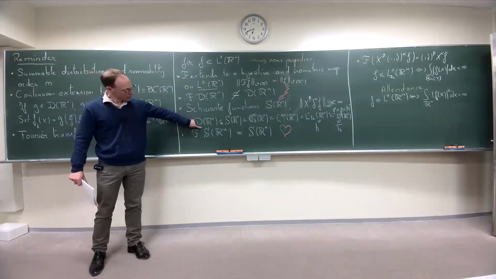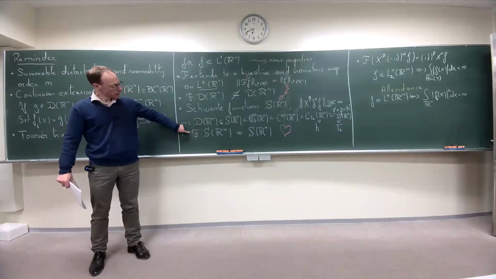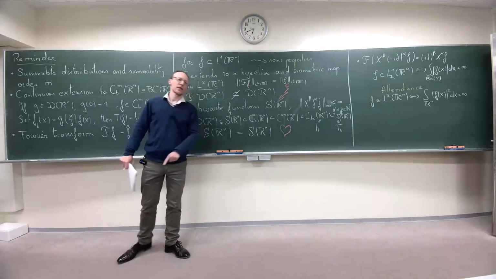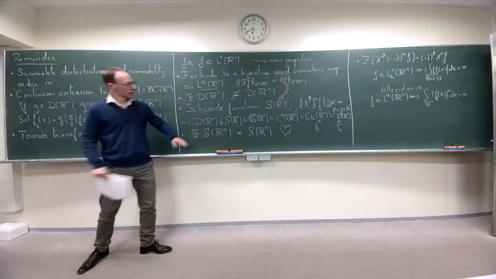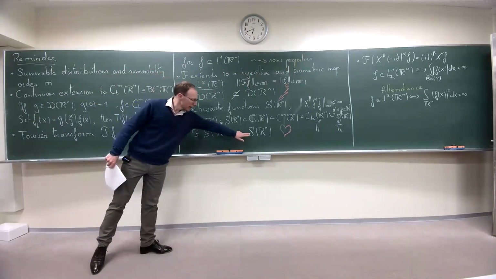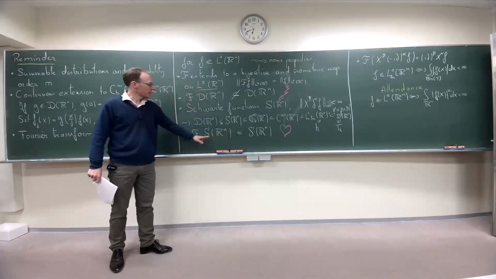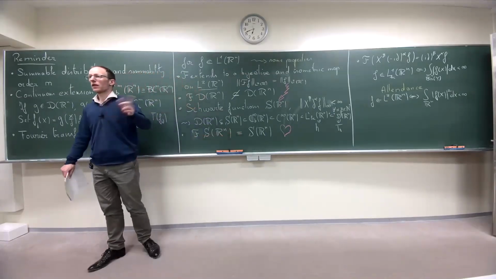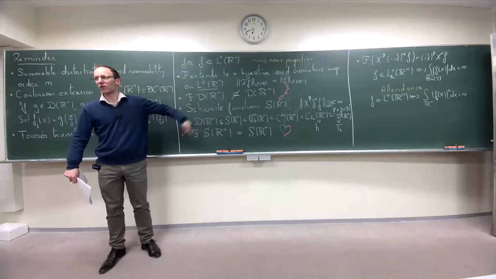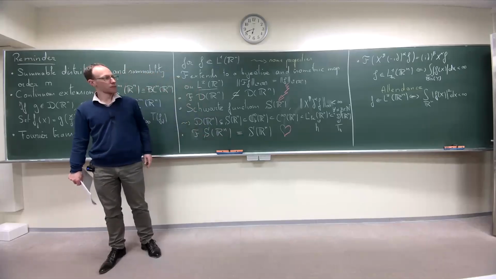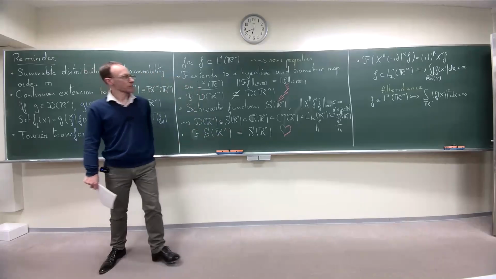Any function in the Schwarz space, take its Fourier transform, it is again in the Schwarz space. And it's even an equality, it's not only an inclusion. It means any function in the Schwarz space is the Fourier transform of somebody. So this map is bijective. You can go in both directions. So this is very important.